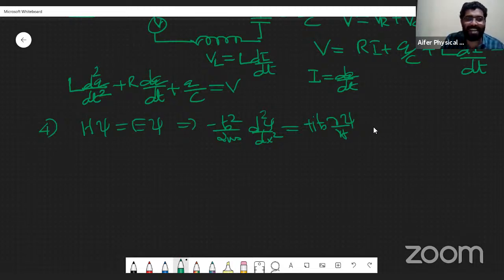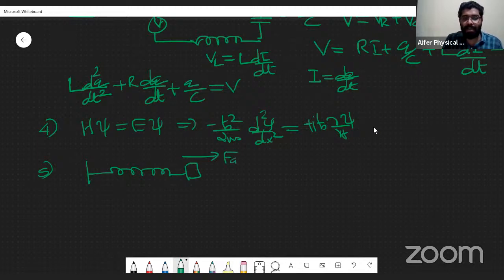Yesterday, we started simple harmonic motion, right? So sir told you, if you have a spring and if you apply some force in this direction, this is the applied force, the spring itself develops a restoring force in this direction. So if the particle is displaced by this amount x, then the restoring force is proportional to the displacement but in the opposite direction.